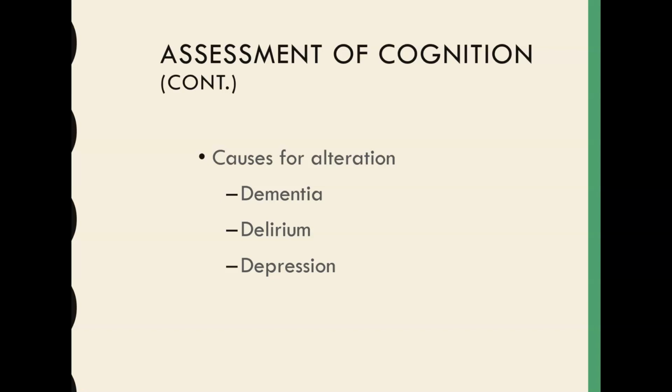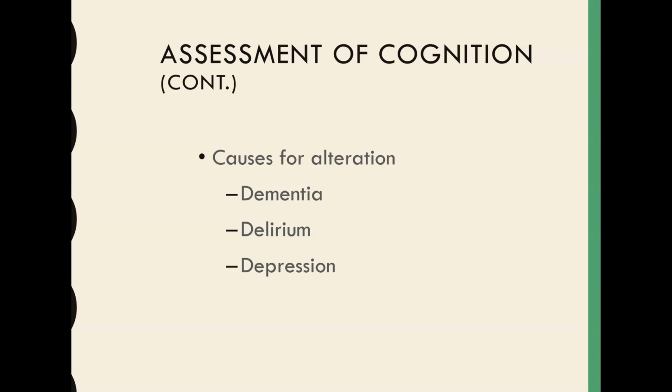So what I need for you to know is that when a person has delirium, delirium means that person has a quick or acute change in cognition. Okay, so their ability to understand and that type of thing, and that's delirium.